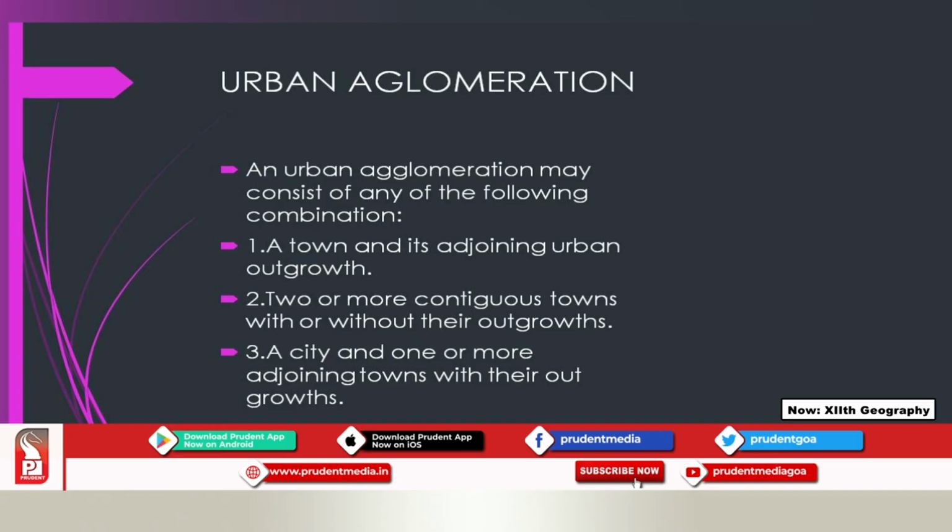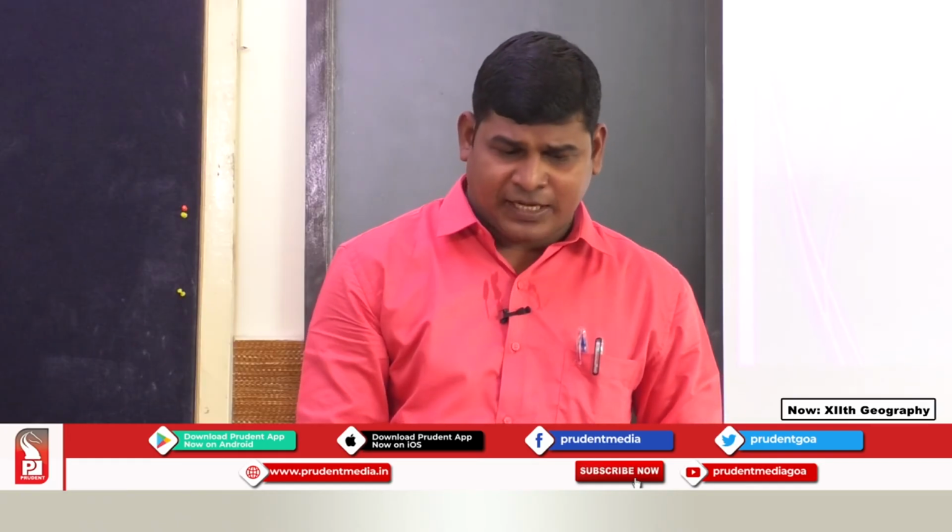Two or more contiguous towns with or without their outgrowths. And third, a city and one or more adjoining towns with their outgrowths. So these are the three combinations of urban agglomeration. Any one of them could be considered an urban agglomeration.